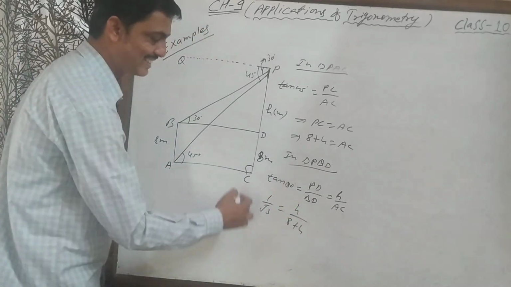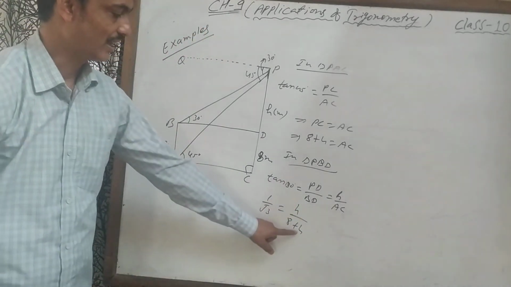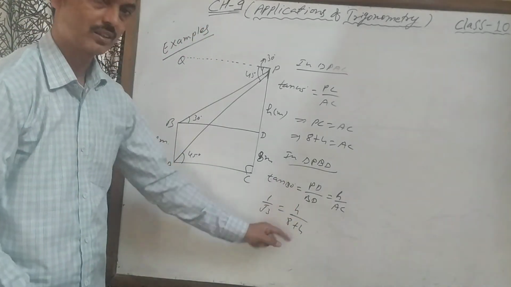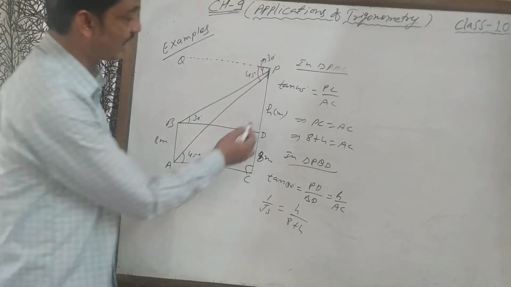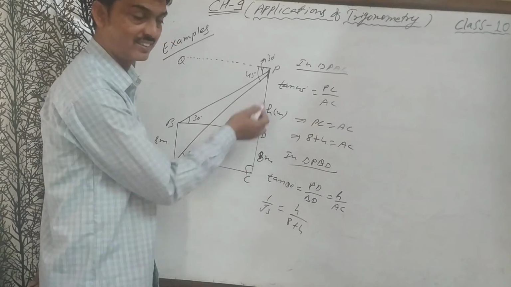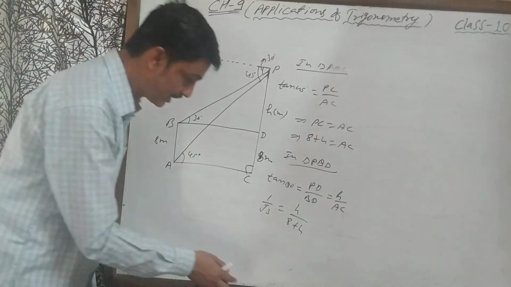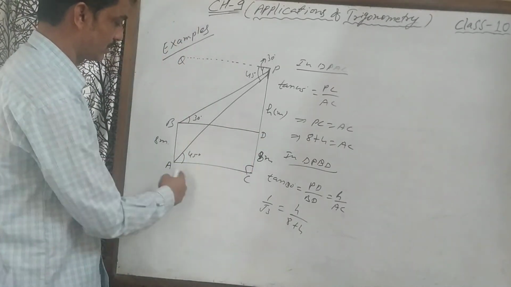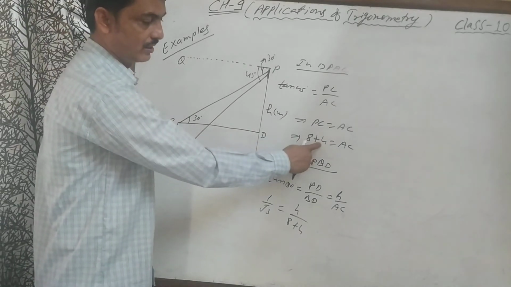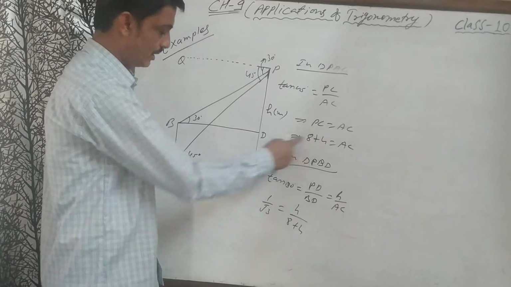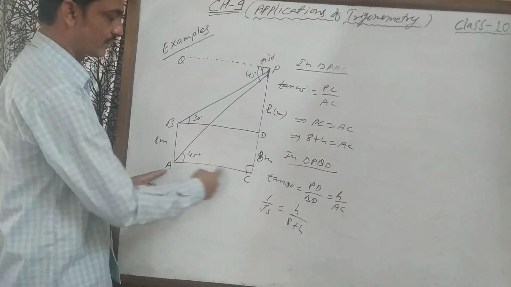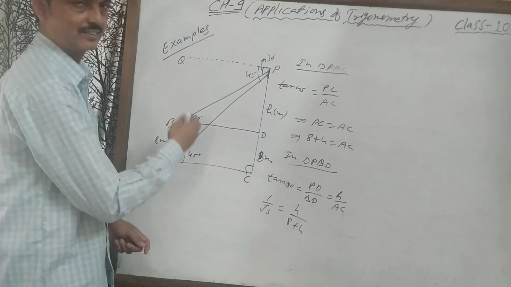Now here you can easily calculate h by this equation. Now if you calculate h, what is the height of the multi-story building? 8 plus h. Understand? And if we need to find out the distance between the two buildings, put the value of h here, and you can get the distance between the two buildings.